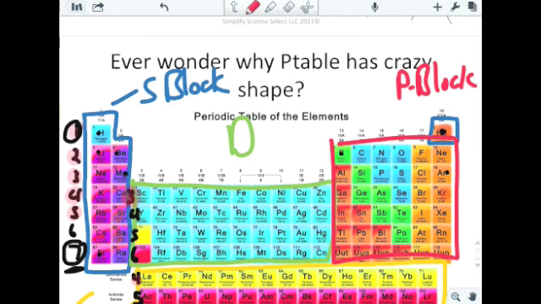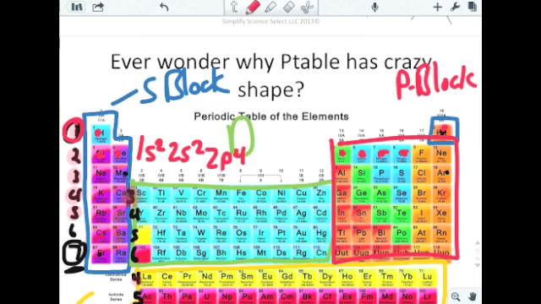This is the 1s block, 1, 2, so we have our 1s2. And then we keep going. We have 2s, 1, 2, 2s2. Then keep going over here. This is 2, remember that's the P block, and 1, 2, 3, 4. So we have 2p4. That's our electron structure for it.